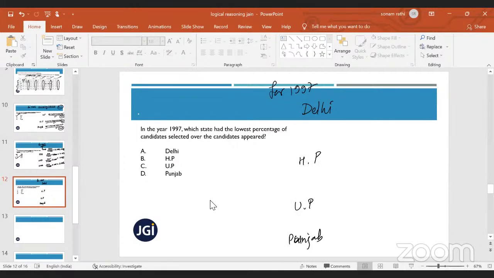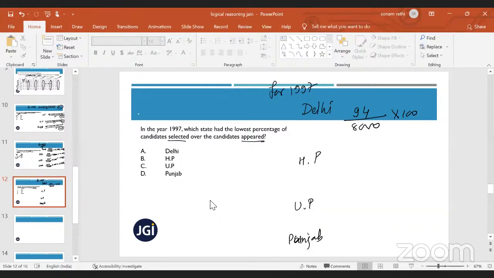In 1997, how many people selected upon appeared? For Delhi, selected is 94 and appeared is 8,000, into 100.